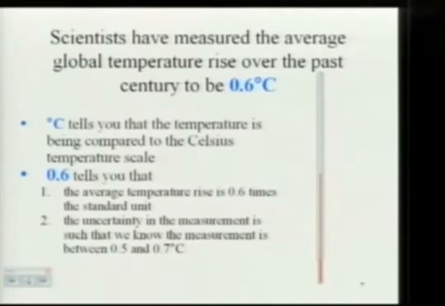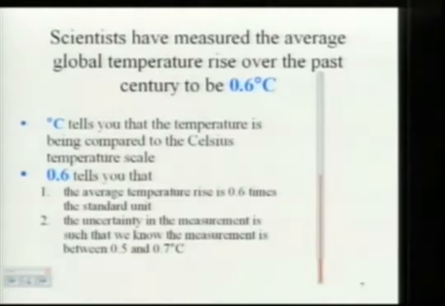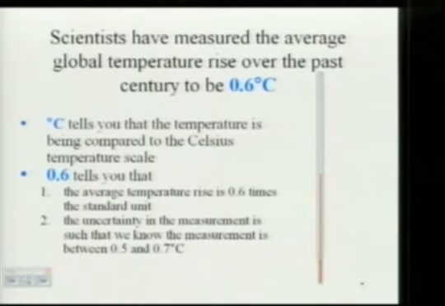If it was 0.55, they could have rounded up to 0.6. If it was 0.64, they could have rounded down to 0.6. We don't know. So notice the big window of uncertainty that we have here. Versus if that said 0.600, look how much narrower this window becomes in terms of our uncertainty. That's very important in measurement in the lab. Okay? We want to get as certain as we possibly can to add credibility to what we are claiming.